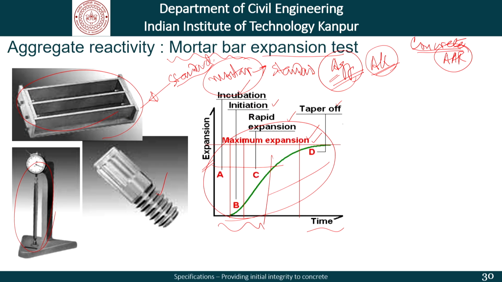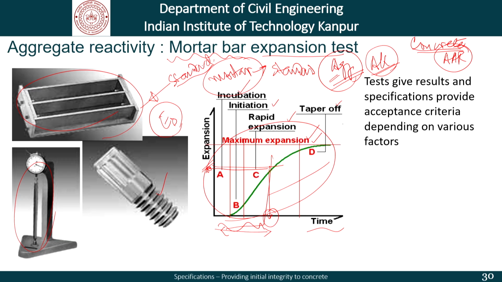Much like the kind of discussion that we had when we were talking about the modulus of elasticity or the dynamic modulus of elasticity: how much reduction do we allow in a certain number of cycles? Similarly, depending on the importance and so on, we can talk in terms of the maximum expansion that will be allowed over a certain time period of the test.